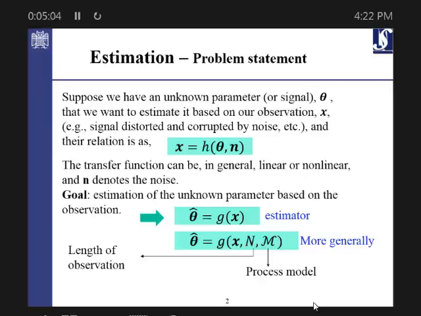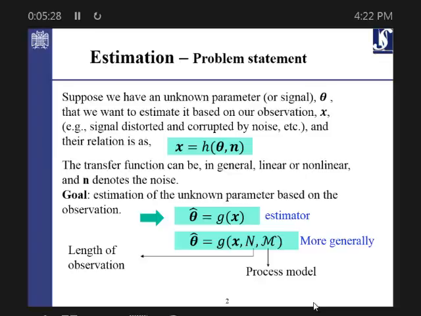Now the point is that what we are looking for is not the noise and is not the observation. We are going to use the information we can get from the observed data and the noise to estimate those parameters, which are theta parameters.